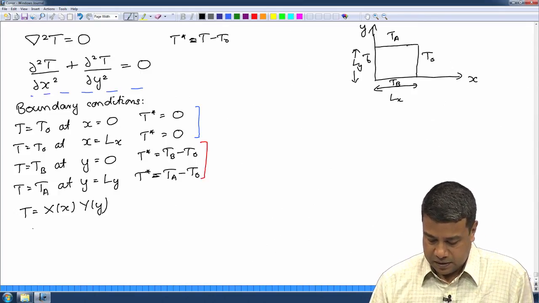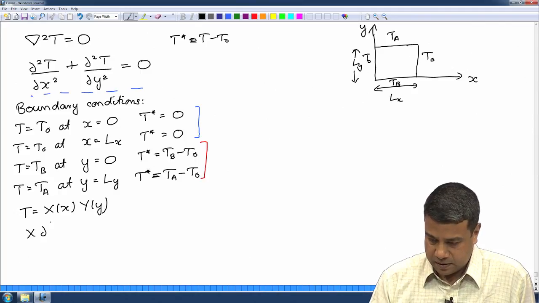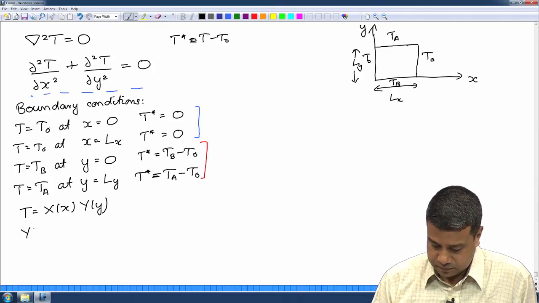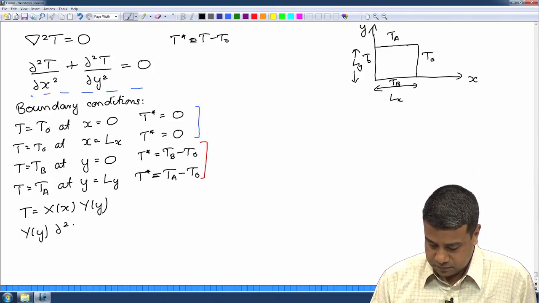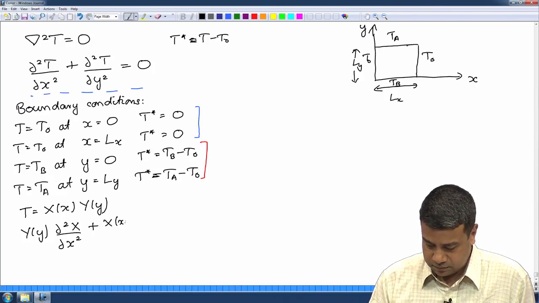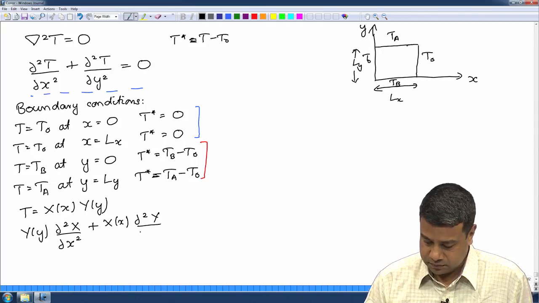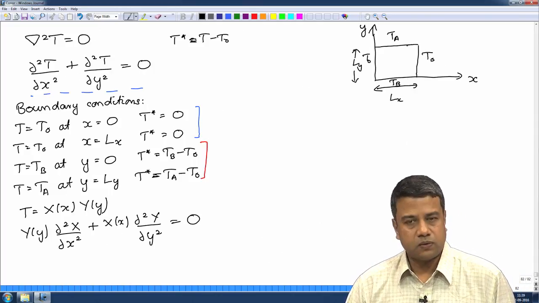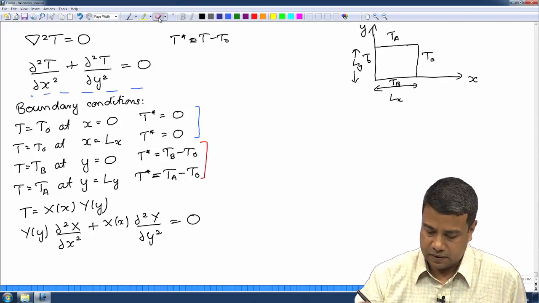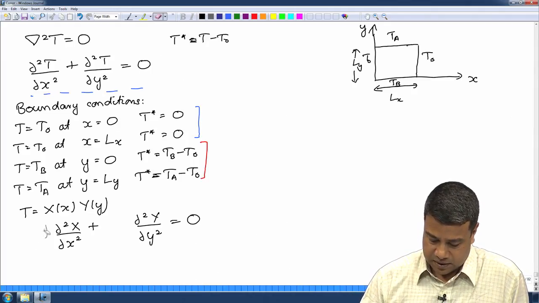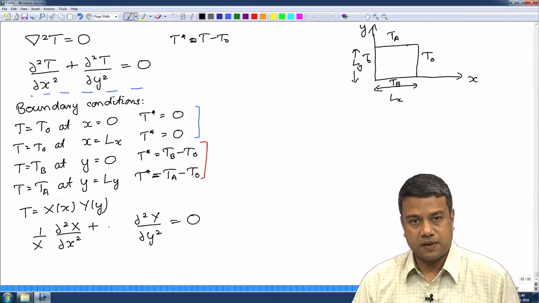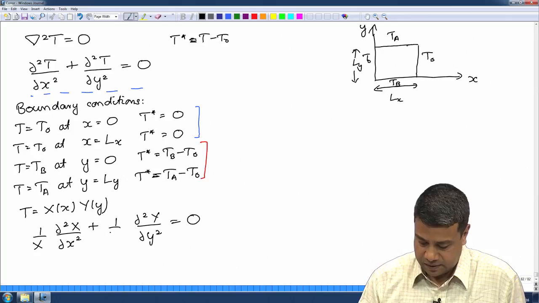So, I will get X times partials equals 0, and I divide throughout by X times Y, in which case I will get 1 over X d square X by dx square plus 1 over Y.